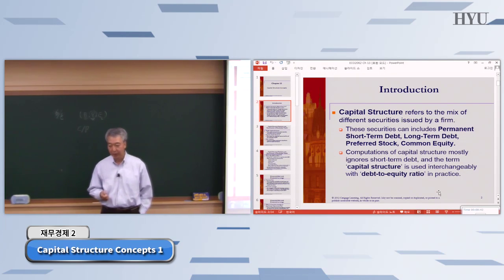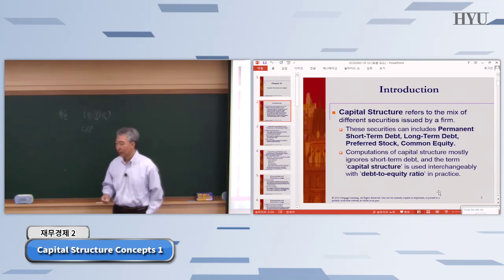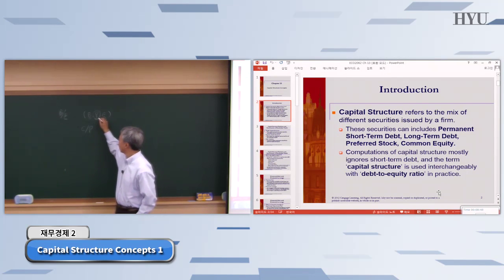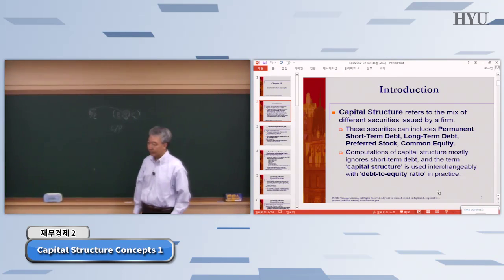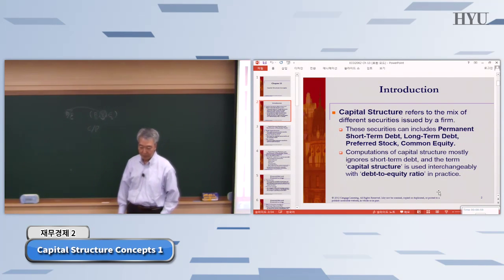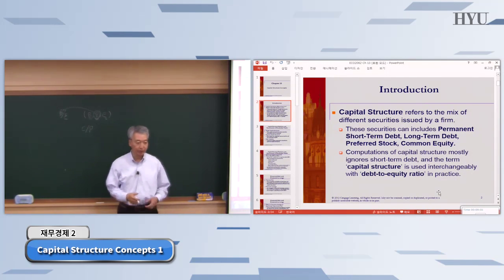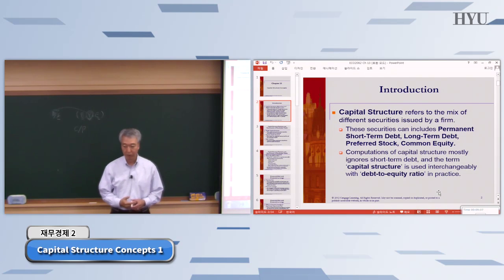So it's a liability instead of equity. For that purpose, you can include the preferred stock as debt if you're going to calculate just the B/E ratio. For most practical financial analysis purposes, preferred stock is considered debt. Remember that?